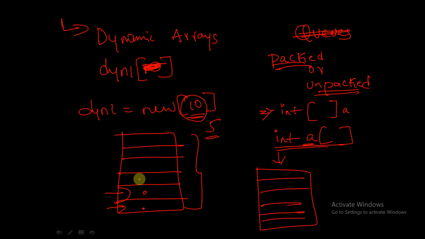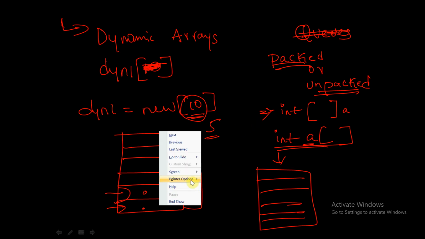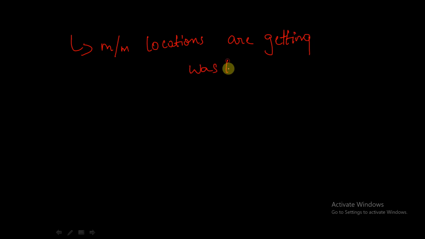So basically, wastage of memory is happening here. Memory locations are getting wasted. The two cases we have discussed are examples of memory wastage.